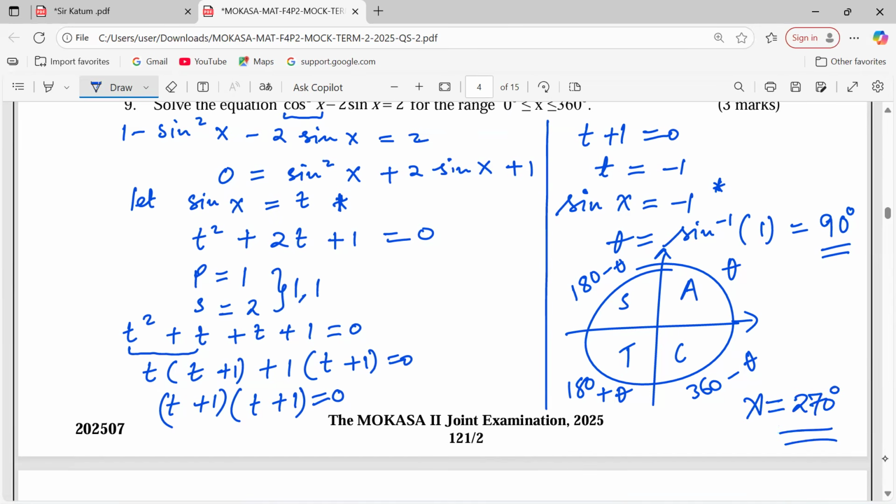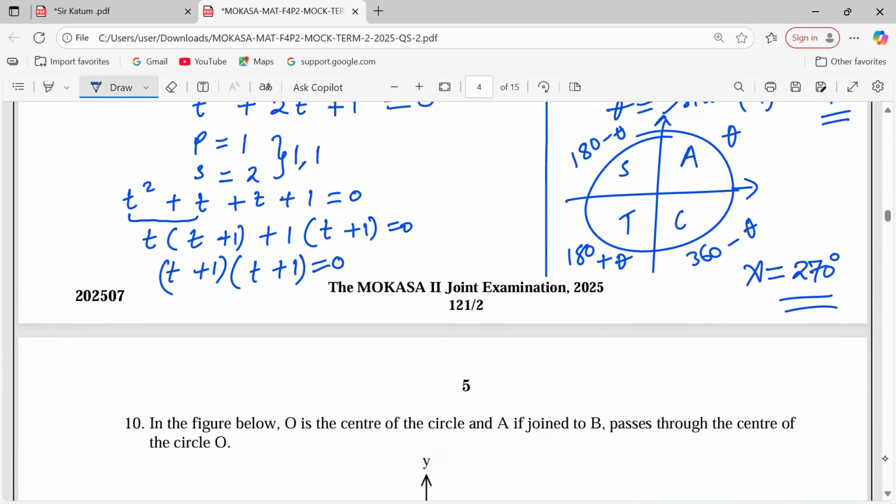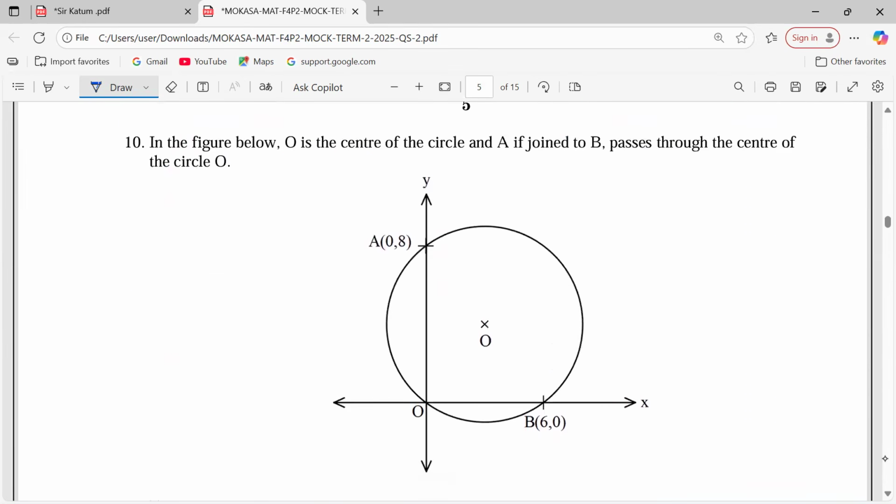Then we will also say that 360 minus 70 is also 270. So 270 is confirmed twice instead of becoming a different angle. So the value here is going to be 270 only. Number 10.